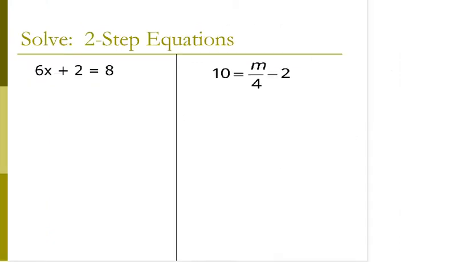Just a reminder as well, if we're having trouble deciding which operation we should do first, just to remind us about how to work with solving equations, we remember that normally we use order of operations. What I'm writing here is not order of operations, but it's the way that many people remember order of operations.